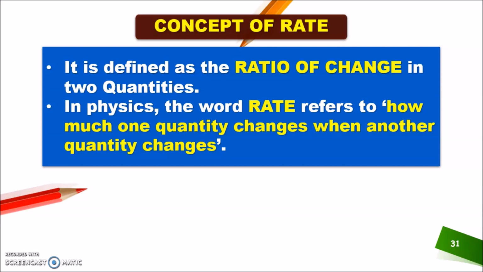So we have to calculate the change by subtracting the initial value from the final value of the physical quantity given. According to that statement, rate of change of velocity, we have to subtract initial velocity from final velocity.